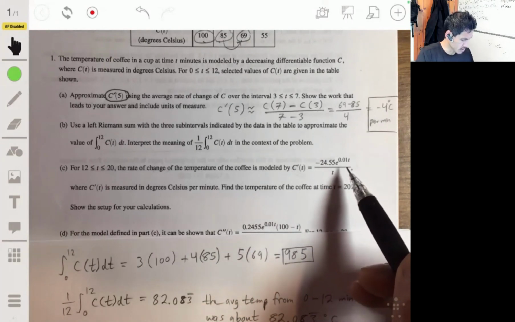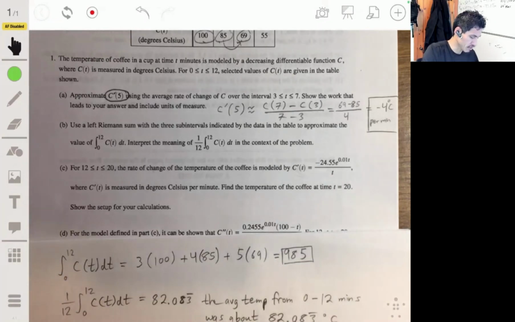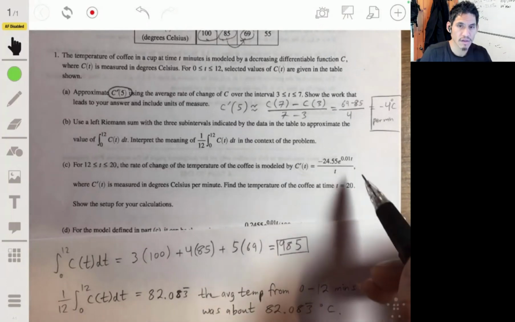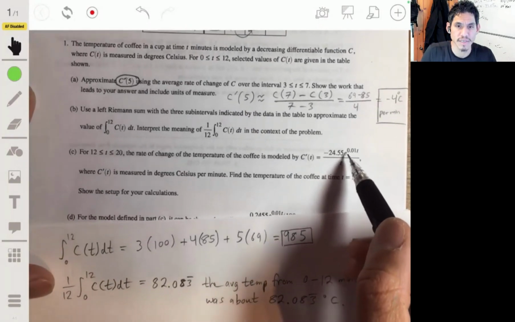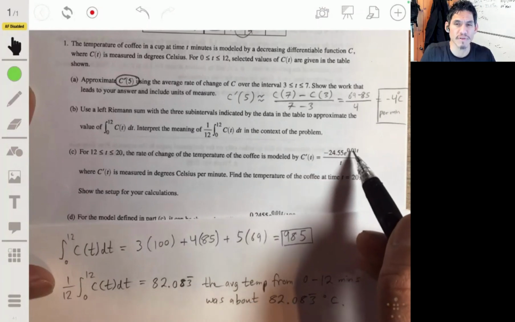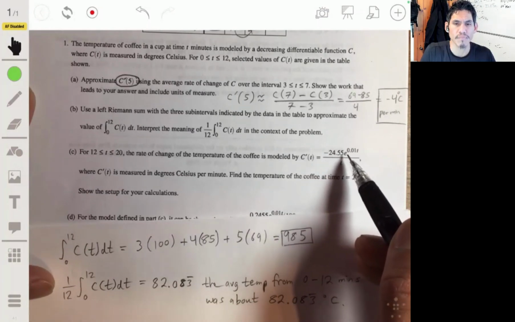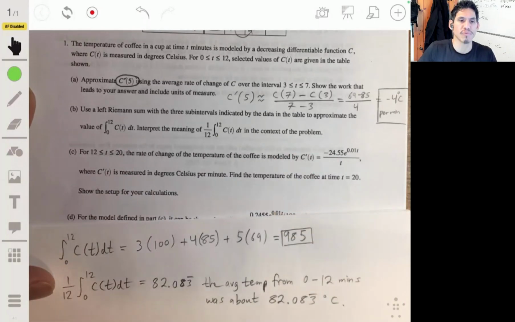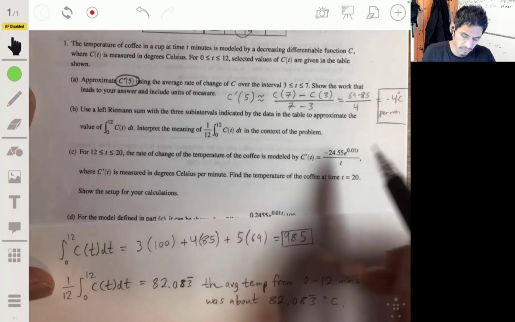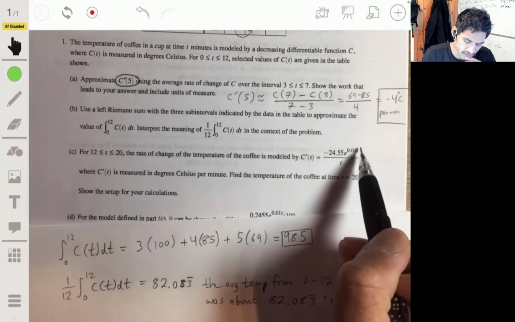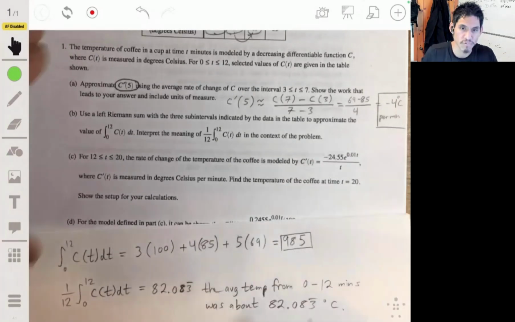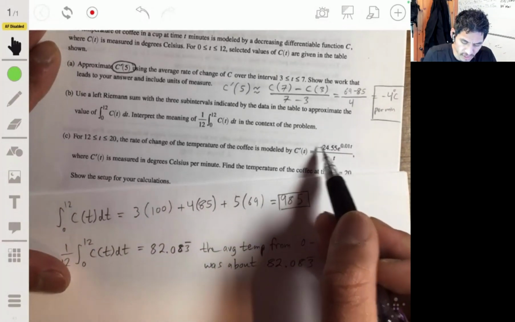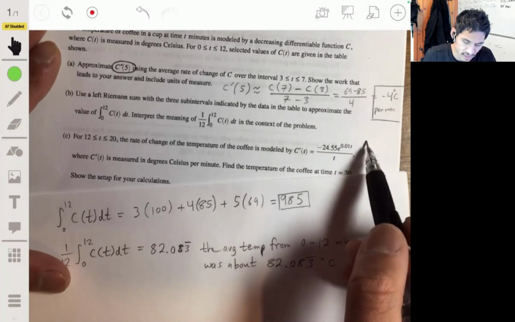Another way to think of this is, let me show you. We can do this with a calculator, but understand that the temperature is changing by this much on average per minute after 12 minutes, from 12 to 20 minutes. So actually I kind of said that wrong. We want to have the integral from 12 to 20 of this and then add it to the temperature at 12.